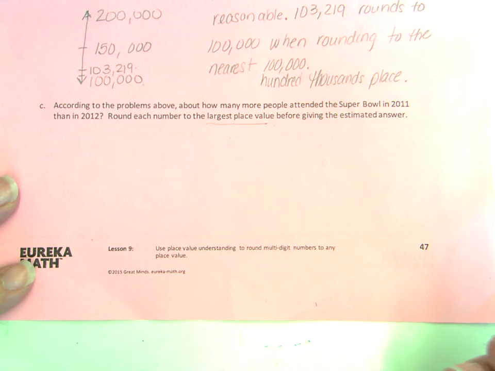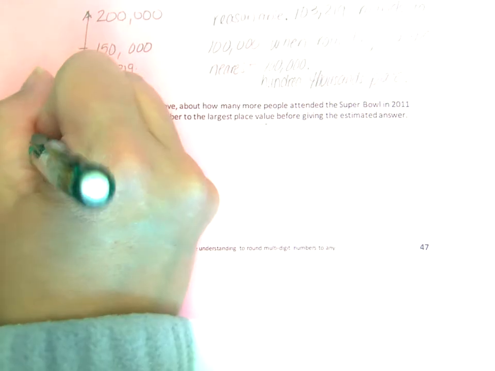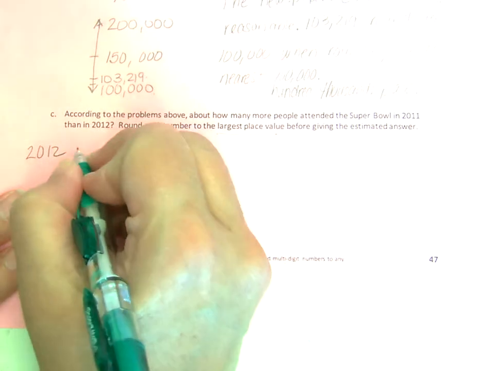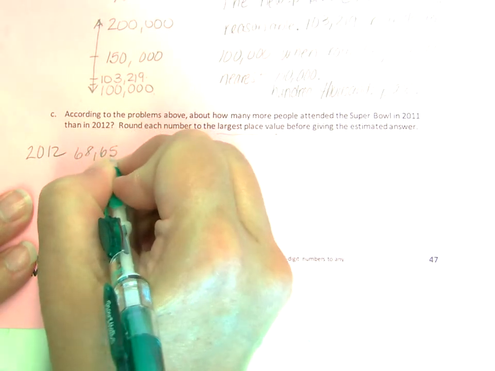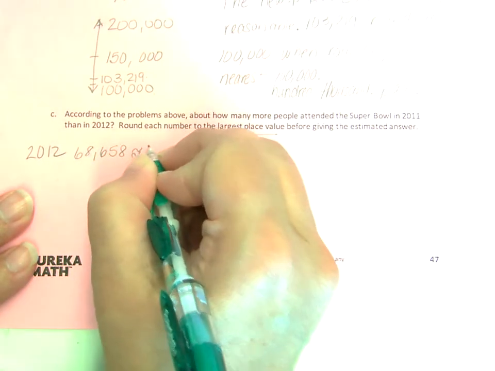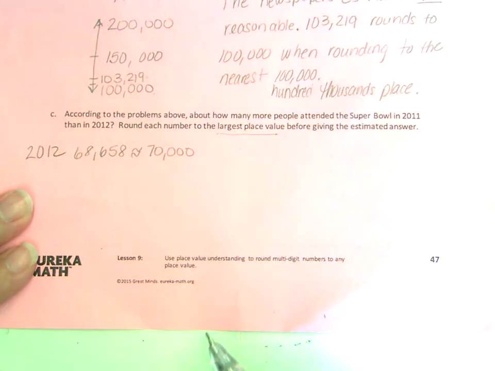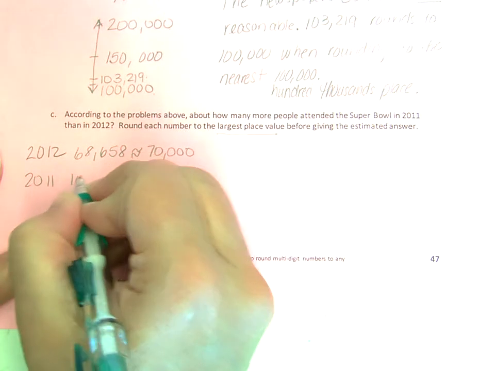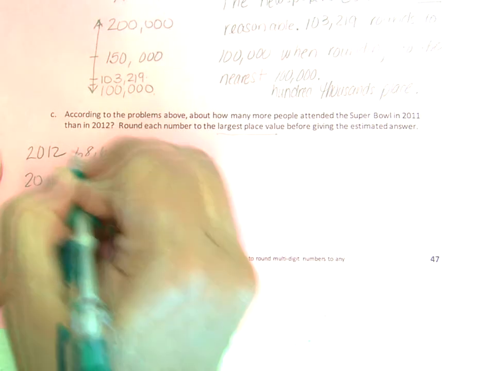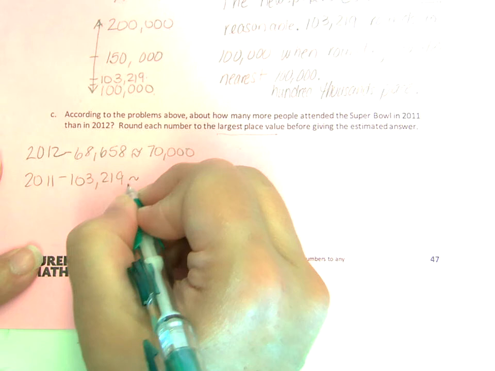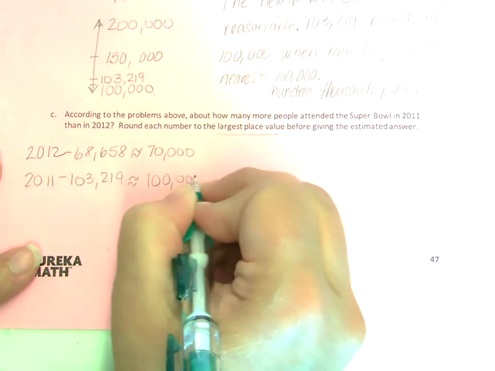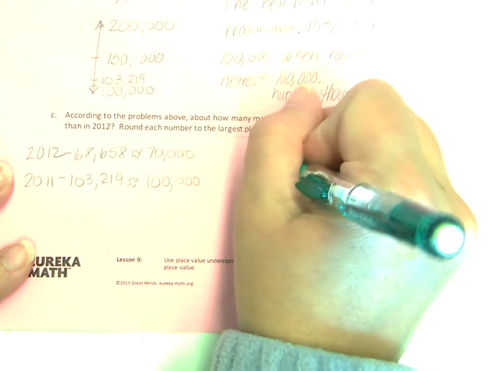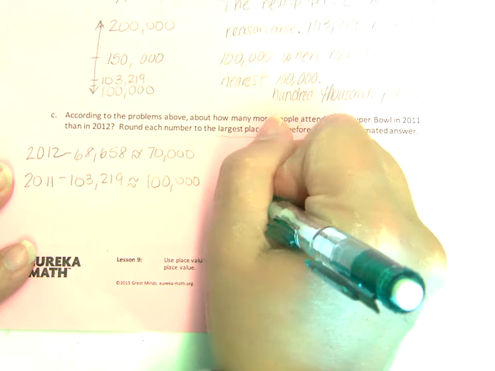Okay, so in 2012, just want to make sure you can see that, 2012, they had 68,658, which we rounded to 70,000. In 2011, we had 103,219, which rounds to 100,000. Okay, so now we need to compare them. We're going to do that by subtraction.